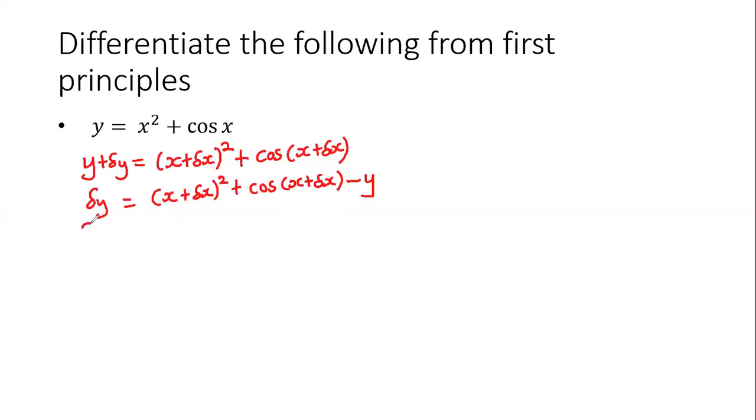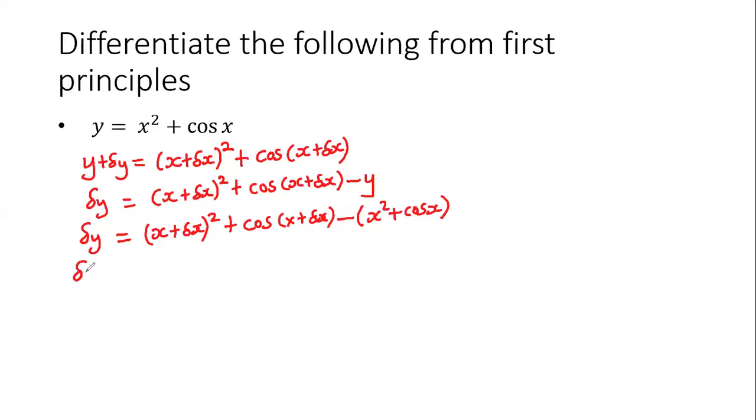So we shall have small change in y equals x plus small change in x squared plus cos of x plus small change in x minus y. Put it here, open well, such that you don't get into trouble. Once you reach here, feel free to expand this squared.